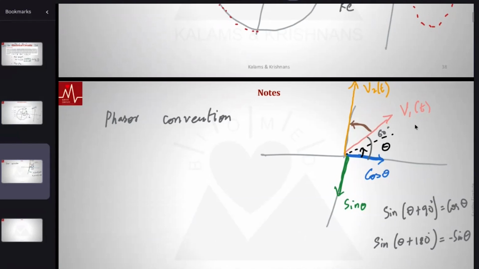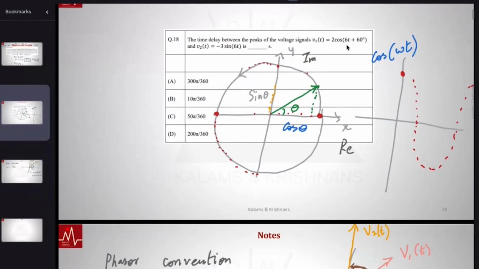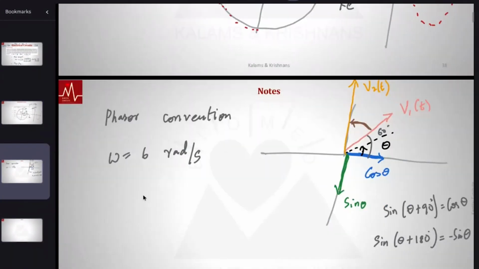In simple words, what is the time period here? Notice omega happens to be 6. I am getting this from here. Notice we are only comparing signals with the same omega. We cannot compare signals with different omega on a phasor. Omega is 6 radians per second, and the time period will be 2 pi by omega.